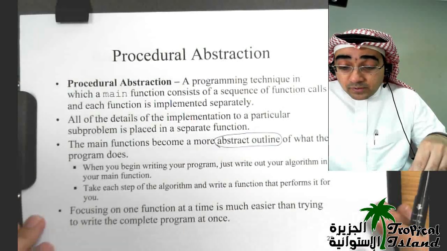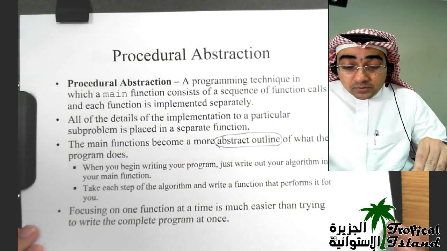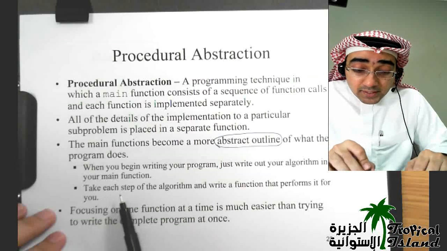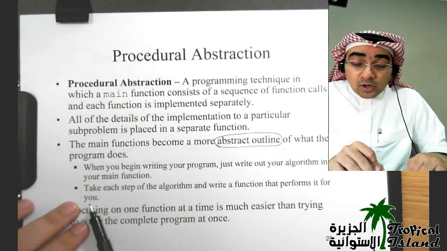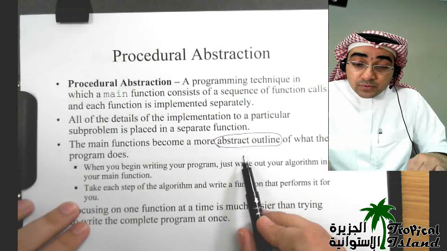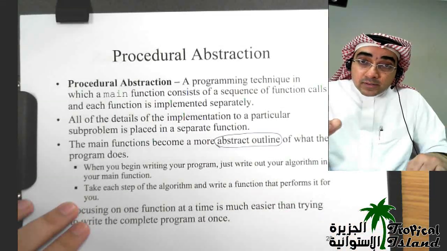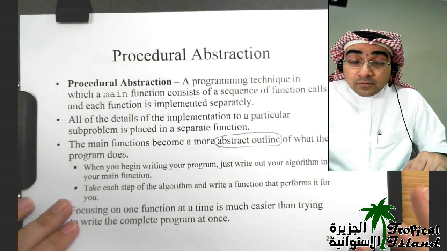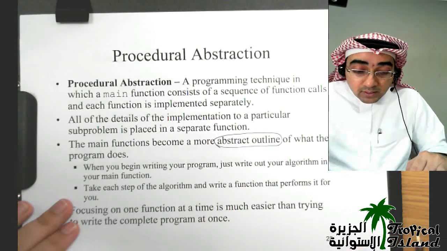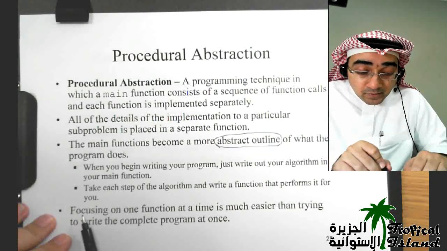When you begin writing your program, just write your algorithm in your main function. Take each step of the algorithm and write a function to call for it. So to make it abstract, you write your algorithm in the main program, and then for each line you call a function to do something for you, and then main becomes a storyteller for you.